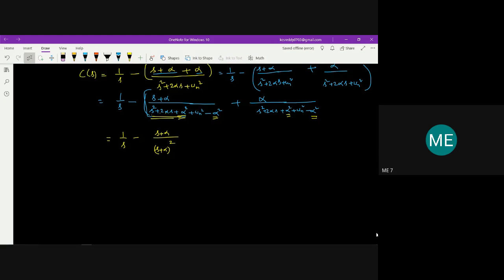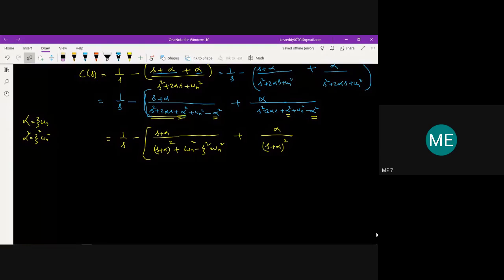Plus, here we know that omega n square minus alpha square is nothing but, see, alpha is equal to zeta omega n, so alpha square is equal to zeta square into omega n square. Similarly I'll write in the same fashion for this: (s plus alpha) whole square plus omega n square minus zeta square into omega n square.